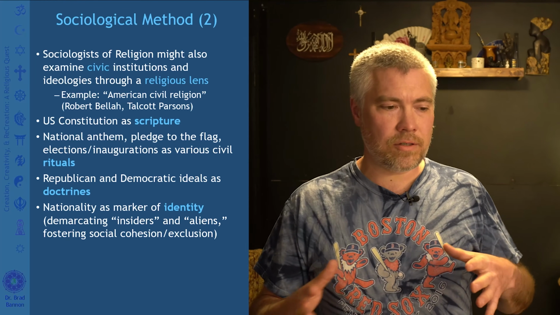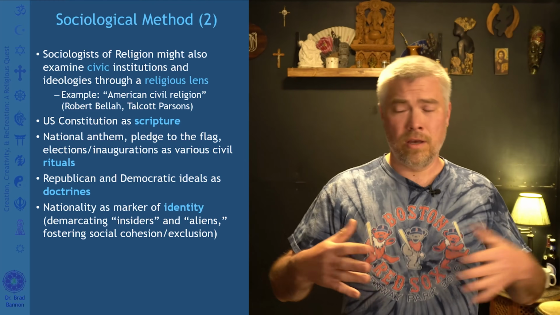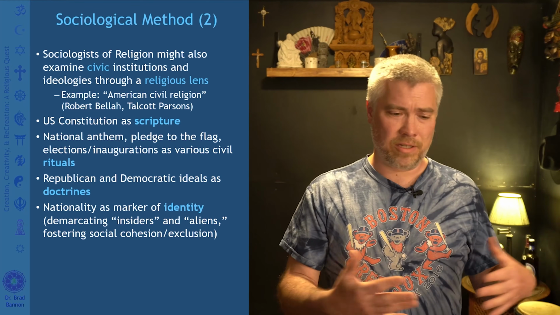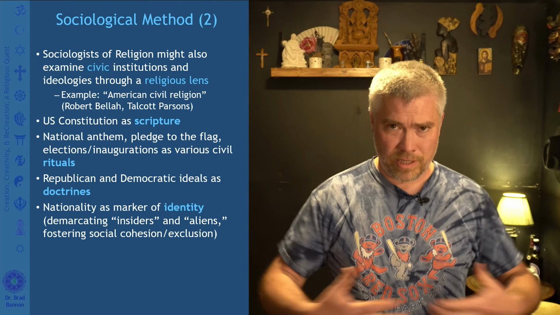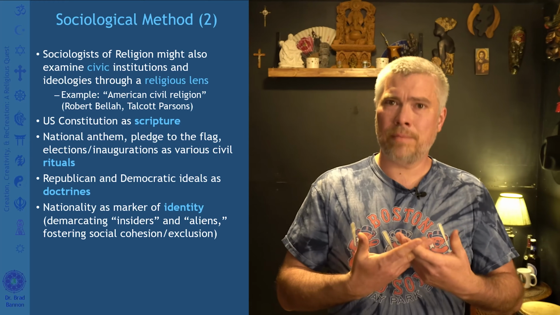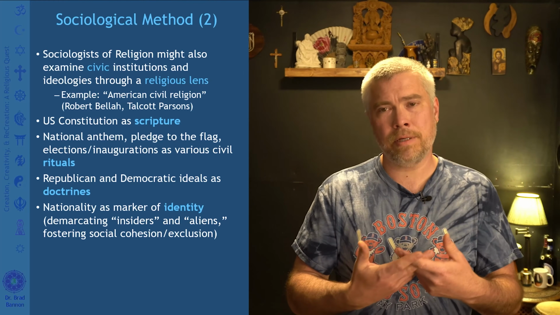All of these things also create systems of insiders and outsiders, a we and a them. In the same way that we've talked about before in the theory and method section, religion is that which binds people together. So political parties can bind people together. Doctrines within varying political parties can bind people together.